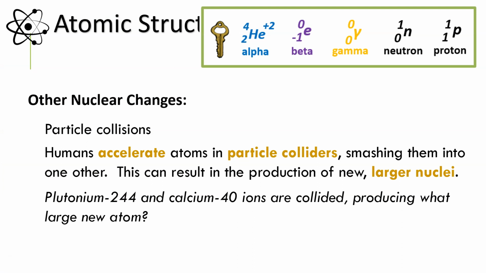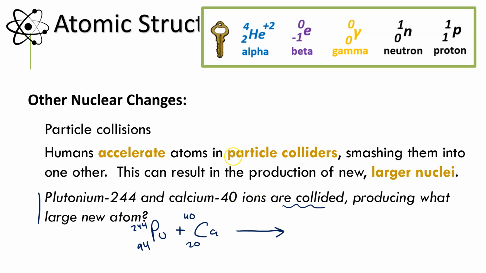Let's read the description and see if we can write a transmutation reaction for one of these. Plutonium-244 and calcium-40 ions are collided, producing, here's my arrow, what large new atom? So if you're told that two atoms are being collided, you're going to show their two symbols being added together on the left-hand side of the arrow, starting with calcium-40, that looks like this, and plutonium-244, that looks like this.